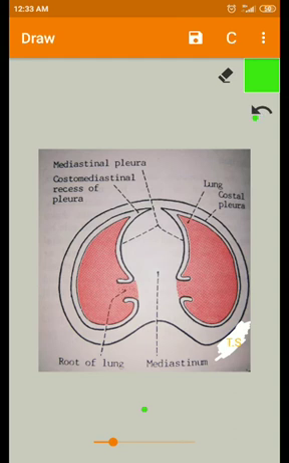And coming to the nerve supply of the pleura, the parietal pleura develops from, in embryology, some terms like mesoderm, ectoderm, and endoderm. So this parietal pleura develops from the lateral plate of the mesoderm.